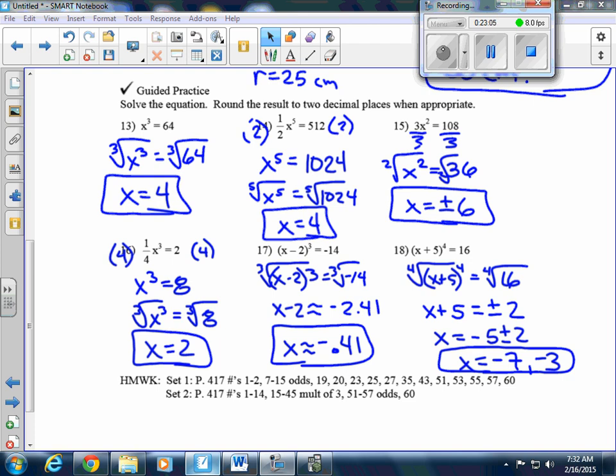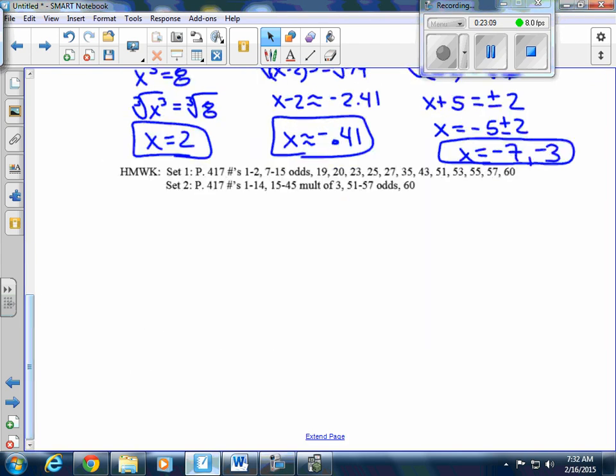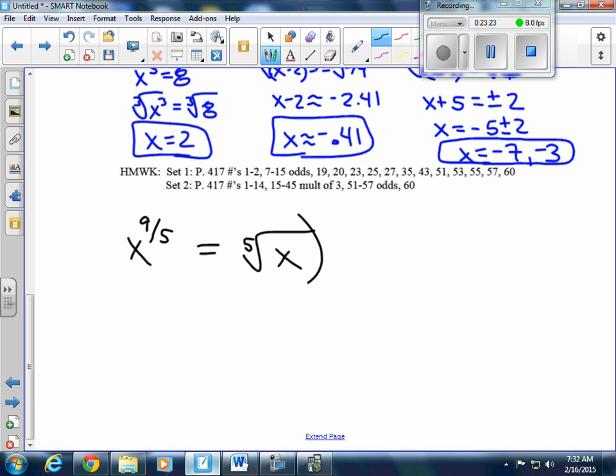So if I have something that looks like this, where we have x to the 9/5, you can rewrite this in radical form as the 5th root of x to the 9th. Notice this exponent, the denominator, is always your index number, and your numerator is always the power it's going to be raised to.